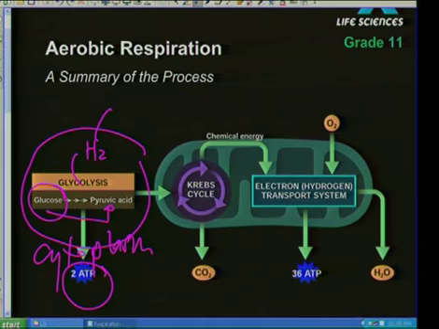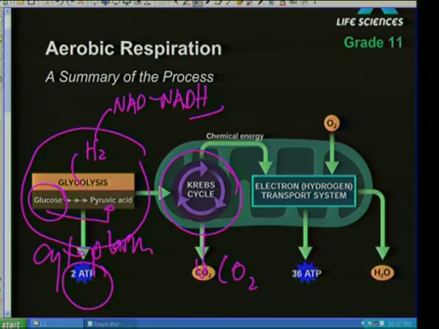This hydrogen combines with NAD to form NADH. The pyruvic acid is involved then in a series of reactions in the Krebs cycle, where carbon dioxide is released and hydrogens are released. This hydrogen is going to do the same as the other hydrogen to form NADH.